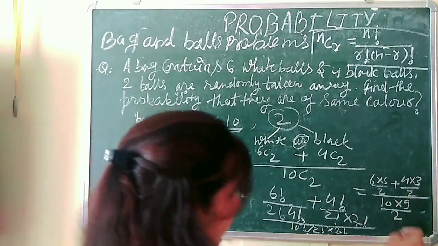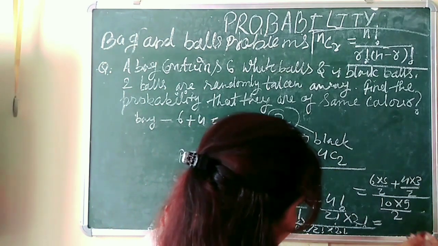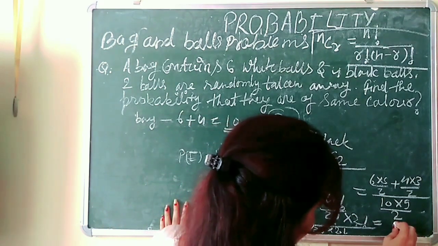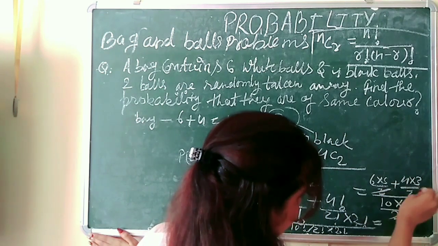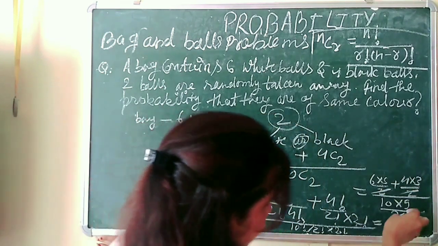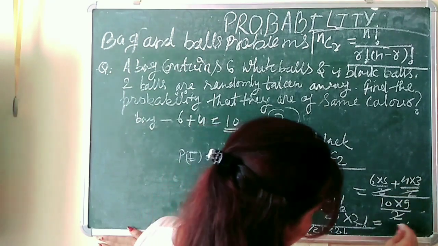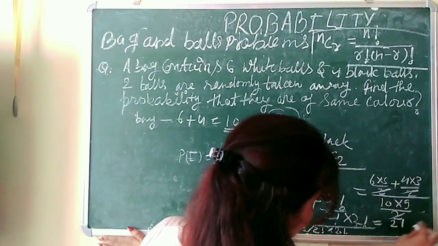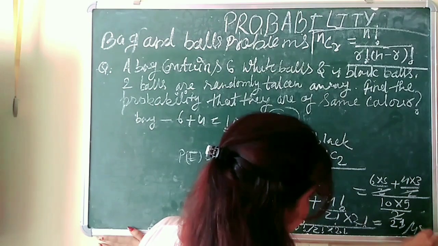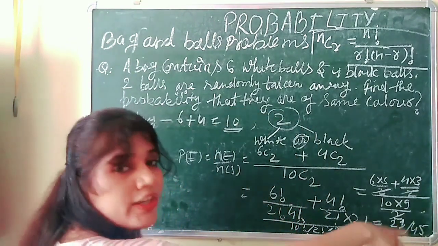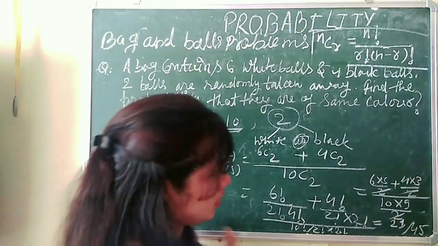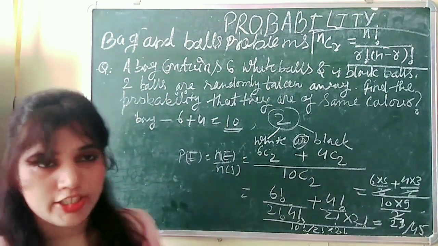Okay, so the 2 will be cancelled out, and this will become 21 by 45. We will get 21 by 45 if we solve this. Okay, just take a screenshot.